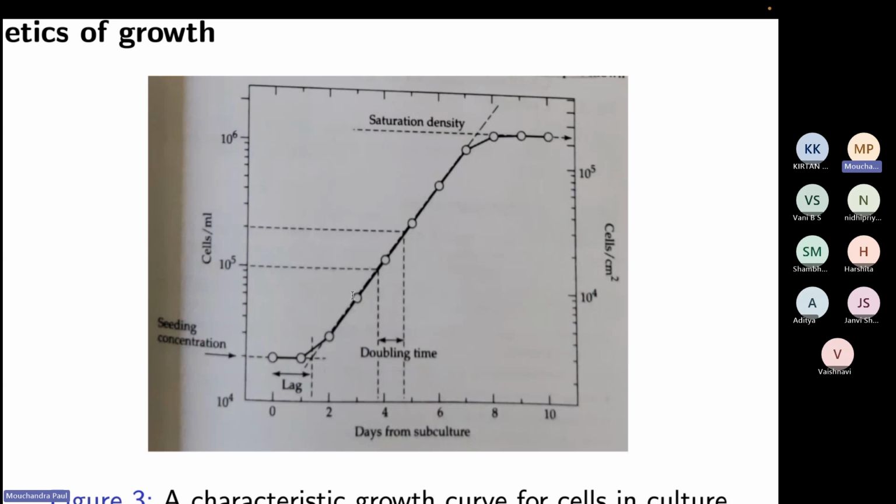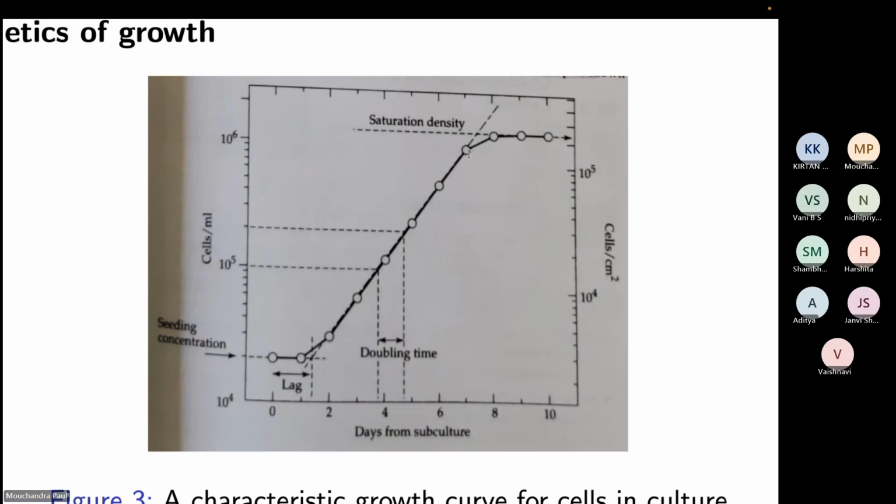What is population doubling time? I'll come to it. So that population doubling time will vary depending on the cell type. But during this log phase, you'll be able to calculate the population doubling time. And after each doubling time, the cell number will double basically. Okay, which is why you see an exponential rise in the cell number.